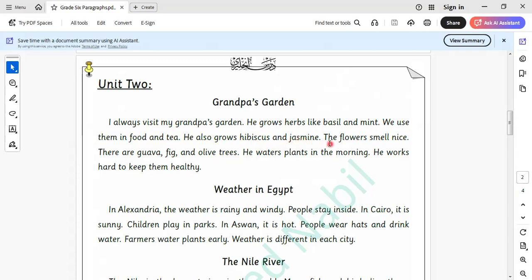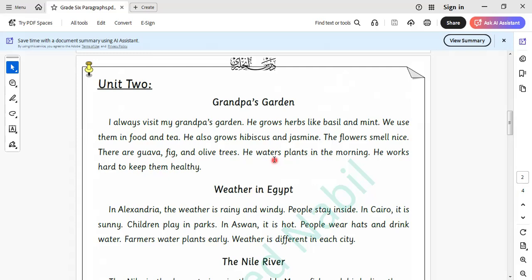Okay, and jasmine. The flower smells nice. There are guava, fig. I think all of us know fig and guava. Guava is "gawafa" in Arabic. Fig and olive trees. He waters plants. Water here, you will know that water is a noun, but we use it as a verb to mean give water to the plants.